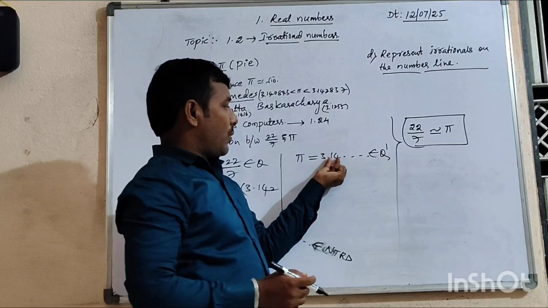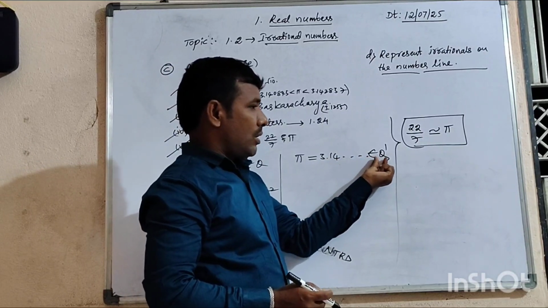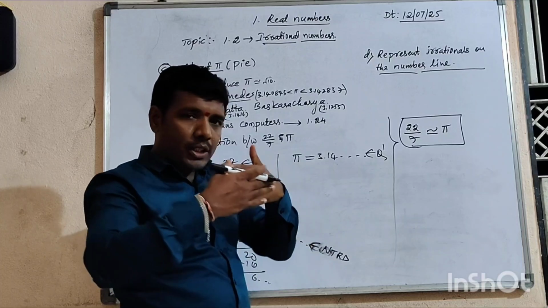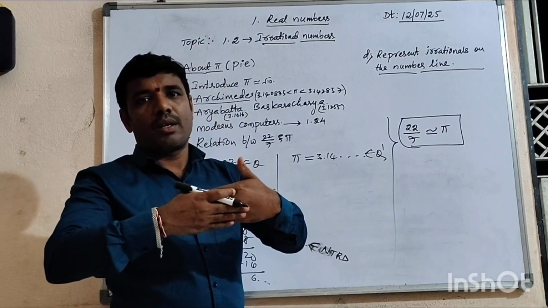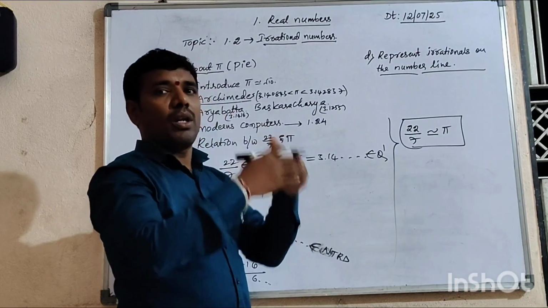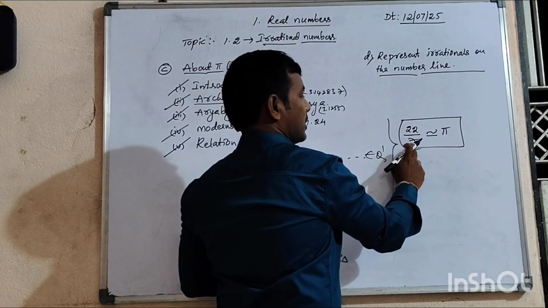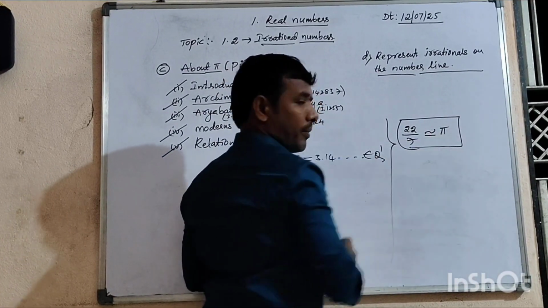Pi value 3.14... is called an irrational number. Both figures are very near, approximately equal. So I conclude that 22 by 7 is approximately equal to pi.